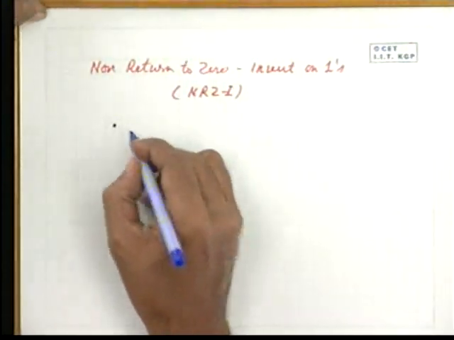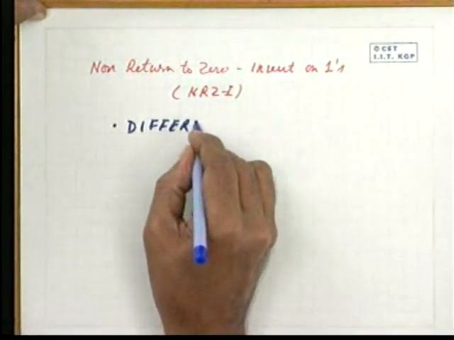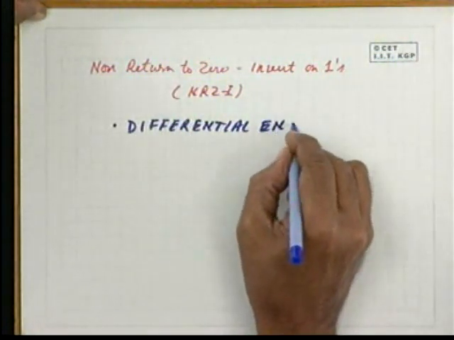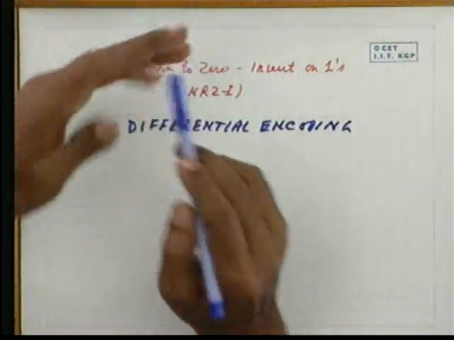First of all, it is differential encoding. What do you mean by differential encoding?